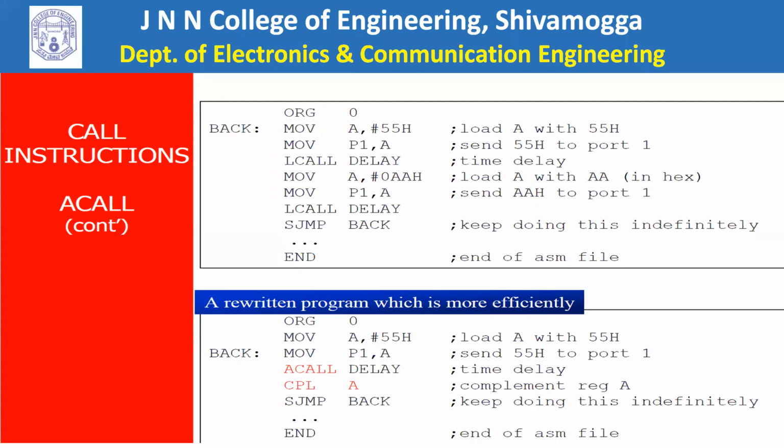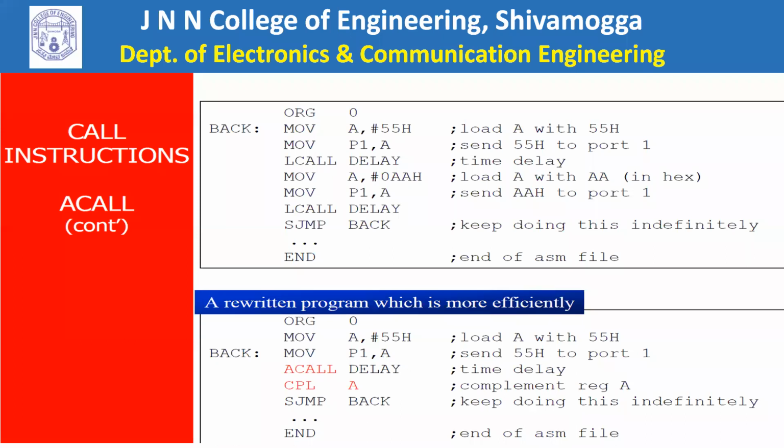How can this program be more efficient? How can you save the number of bytes while you write a program? Normally in an interview, whenever you are asked to write an assembly language program, for example, if you are at a core company, you would be asked to write a program which will take a RAM space of 20 bytes.